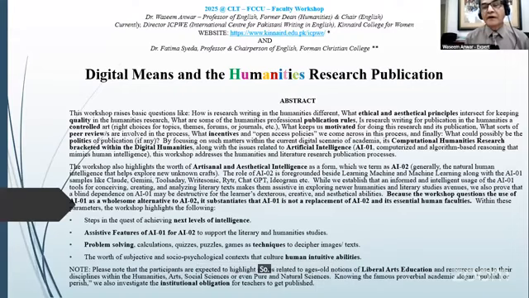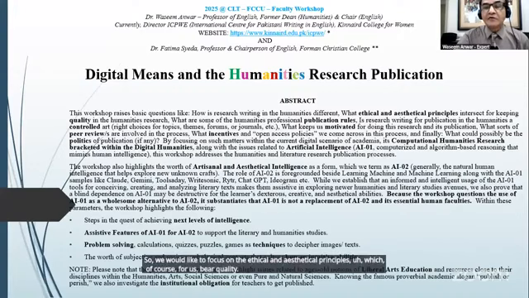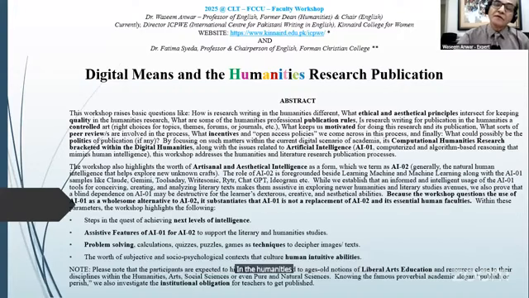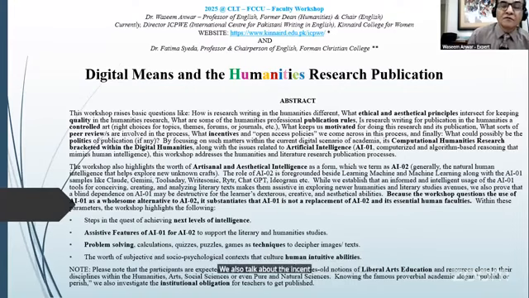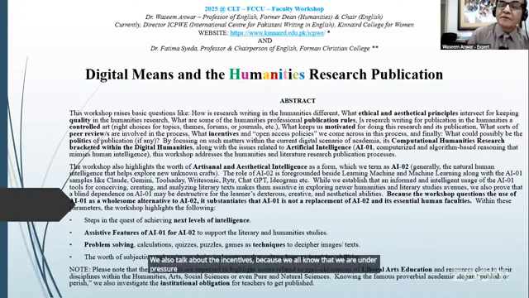So we would like to focus on the ethical and aesthetical principles, which of course for us bear quality in the humanities, and also that they go by the publication rules for humanities. We will also pick up on why peer reviews are important for humanities publication. We also talk about the incentives, because we all know that we are always under pressure to be published.